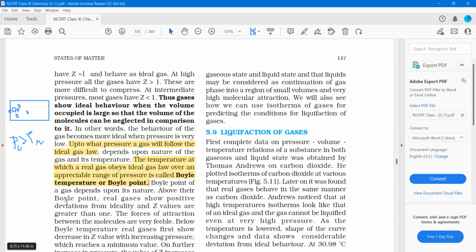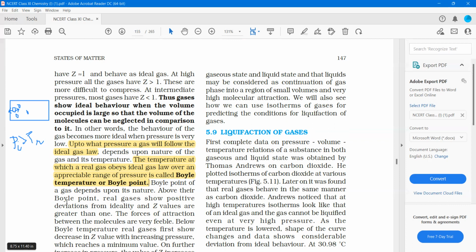Above the Boyle's point, the real gas always shows positive deviation from ideality, that is, Z is greater than 1. The forces of attraction between the molecules are very feeble.